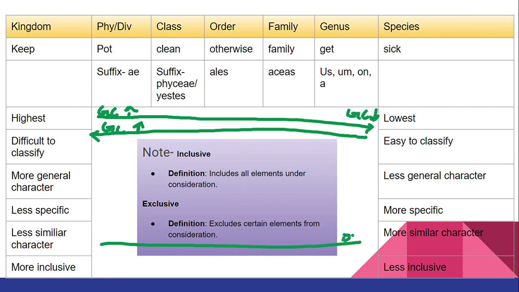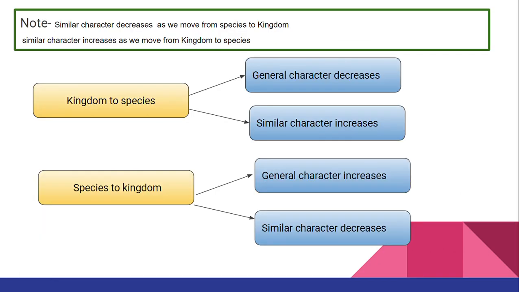Same way, specific character is more at species and less at kingdom. So moving from species to kingdom, specific character decreases. But moving from kingdom to species, specific character increases, right? I hope this point is clear to you all.